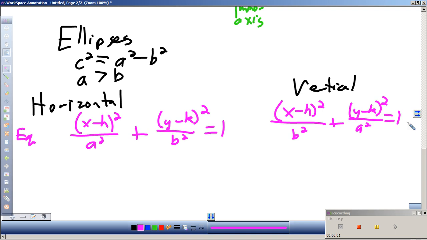What's the difference between these two? A squared and B squared are swapped. So, which one is bigger, A squared or B squared? A squared is always bigger because A is greater than B. Which means that just looking at this, you can look at any ellipse in this form and say whether it is vertical or horizontal, because wherever the bigger number is tells you which it is.